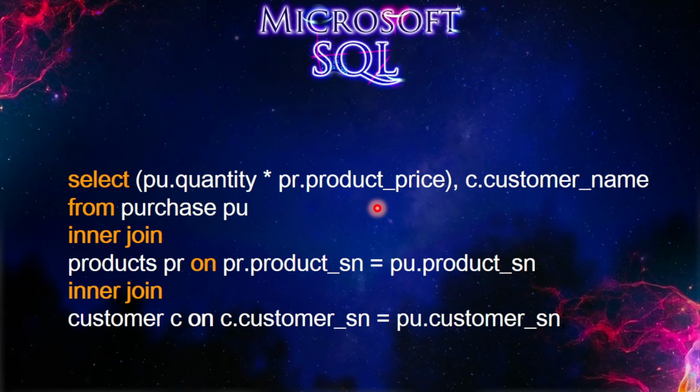Purchase serial number, big int, not null, quantity of purchase, integer, product serial number, big int, which is taken from the products table, and customer serial number, big int, also from the customer table.